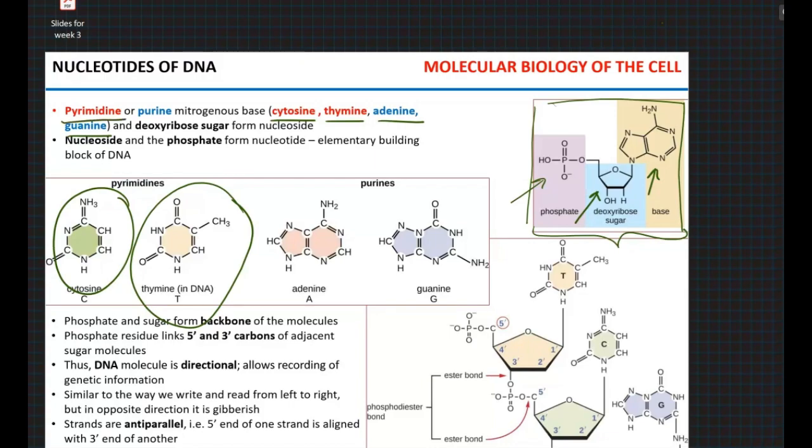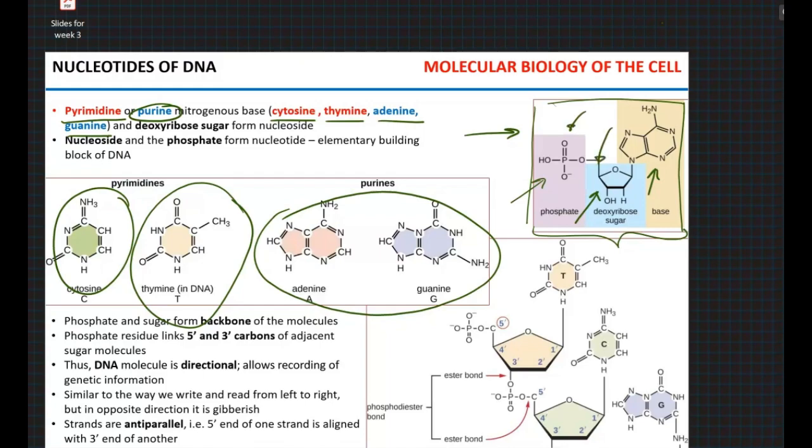The good news, you don't need to know the formulas. I'm not going to ask you to recognize what a particular chemical formula represents. Adenine and guanine, these guys, belong to purines.